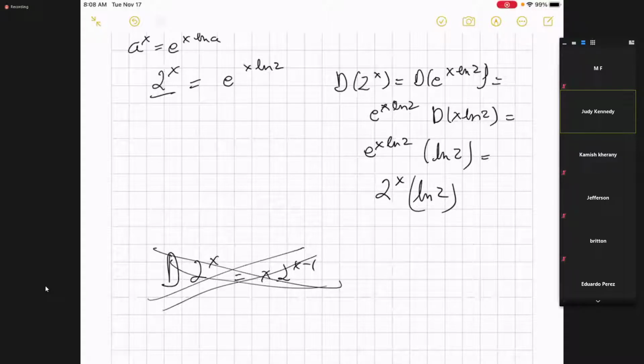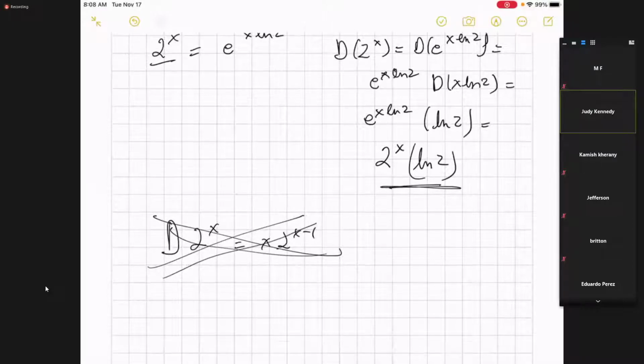That's what you do when the base is the variable. The derivative of 2 to the x is 2 to the x ln of 2. And in fact, in general, the derivative of a to the x is a to the x times the constant ln of a.